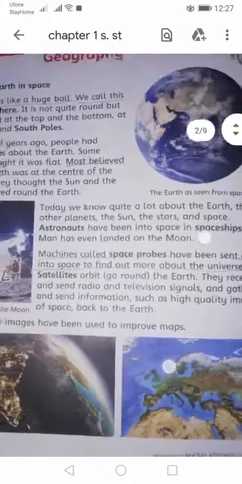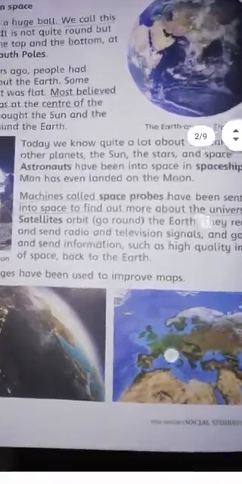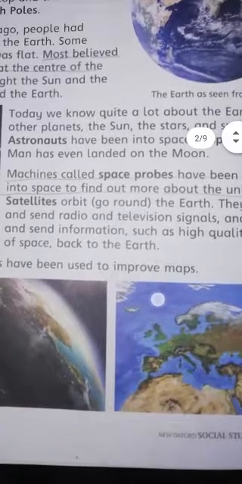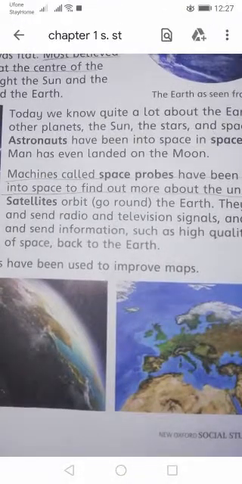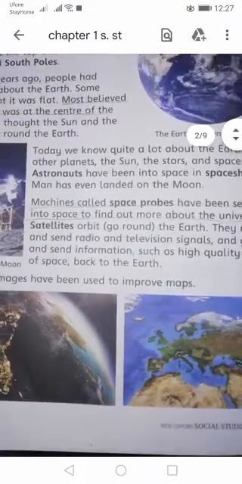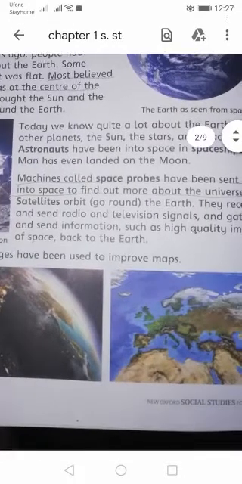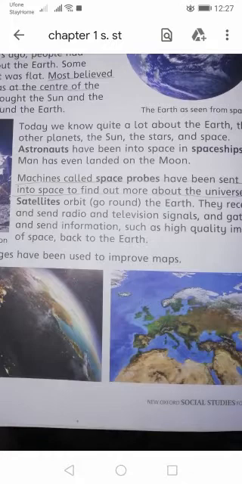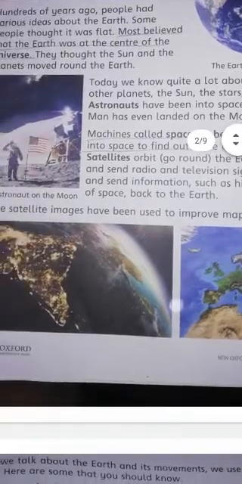Astronauts are the people who go into space through spaceships called space probes, and they collect information about Earth, about space, about other planets and their movements. They send images from the satellite for our information.